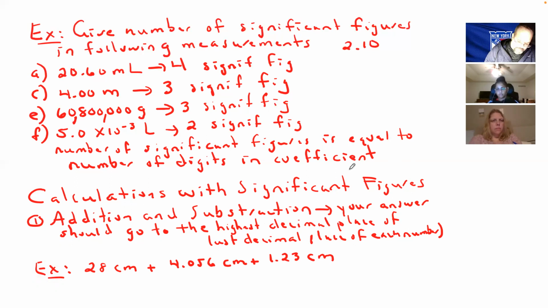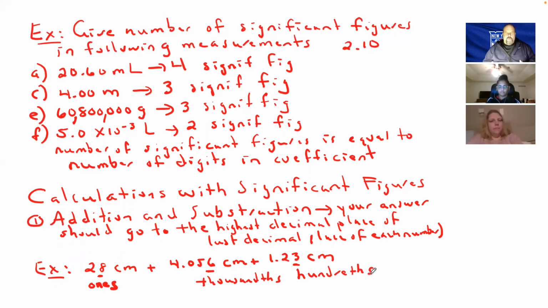So if I look at 28 centimeters, the last number, the 8, essentially is in the ones place. If I look at 4.056 centimeters, the last decimal place, tenths, hundredths, would be the thousandths place. And when I look at 1.23 centimeters, the last decimal place would be the hundredths place.